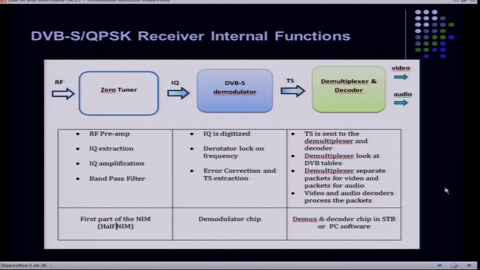So if I just look at a DVB-S receiver, we have 3 parts. The first part is the zero tuner. This zero tuner has a preamplifier and will do the IQ extraction that will go to the DVB-S demodulator.